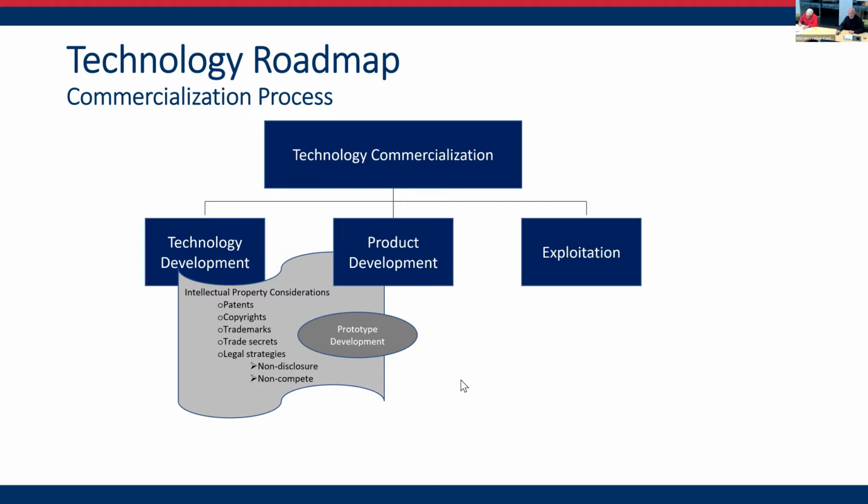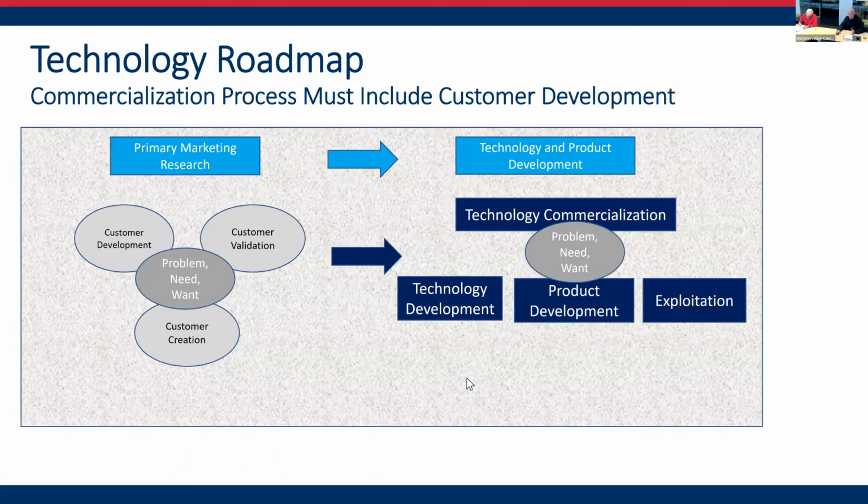commercial venture. For a technology roadmap, I always add the primary marketing research. You want to be meeting a problem, a need, or want. That, of course, is true for all of you. But with technology, this is particularly important because the world of business development is littered with folks who have put together technologies that in the end could not find a viable customer market.